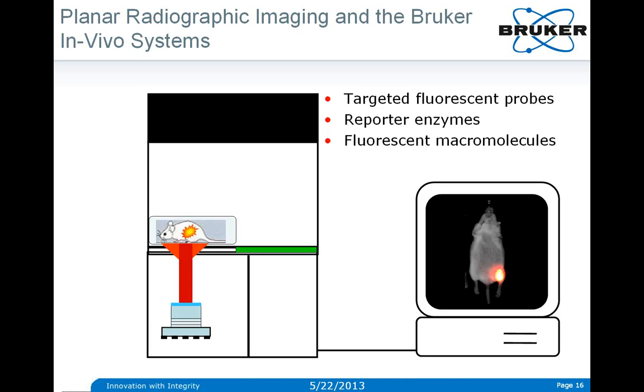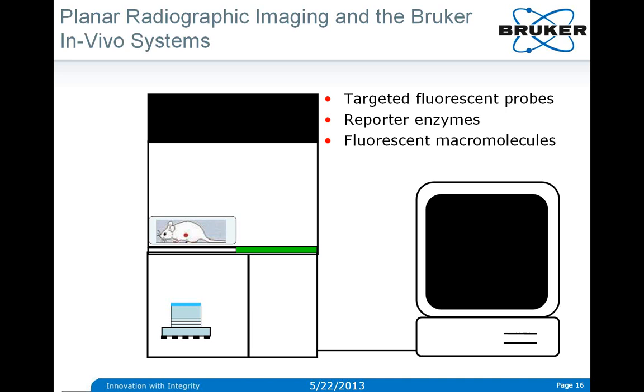So we had mentioned the multimodal imaging capability of the systems and the potential to complement our X-ray imaging with fluorescence imaging or nuclear, radioisotopic, or luminescence imaging. So in this example, we'll show with this cartoon the fluorescent imaging configuration for those systems that have the molecular imaging capabilities.